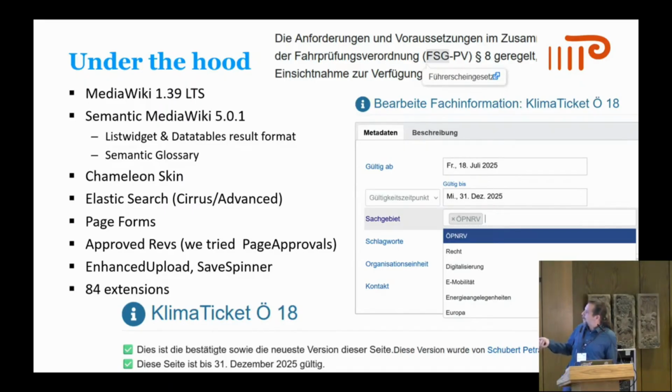So this is the approved and the latest version, and it was approved by this person on this date, and the page is valid until this date. And then they have a list of pages that are outdated and have to be reworked, or another valid-by date is being set.